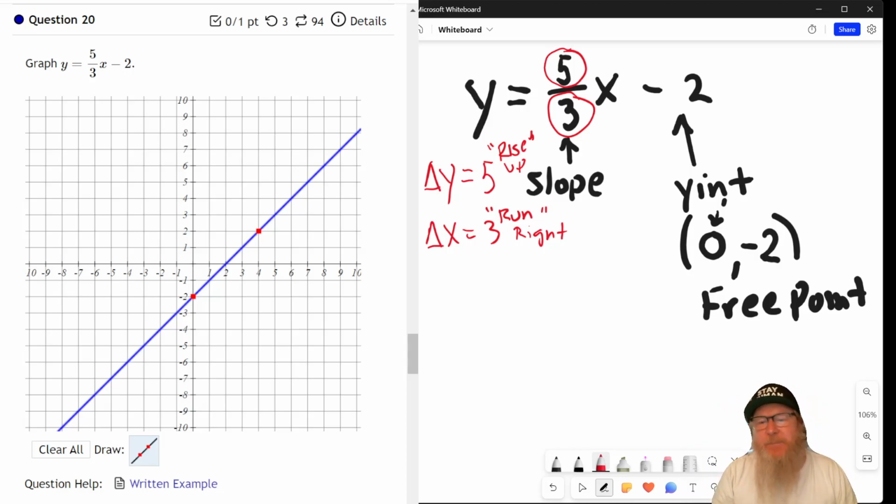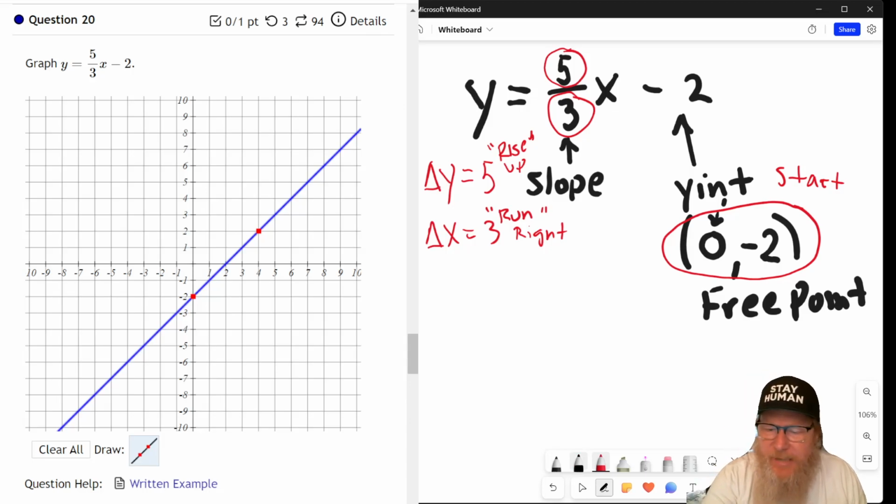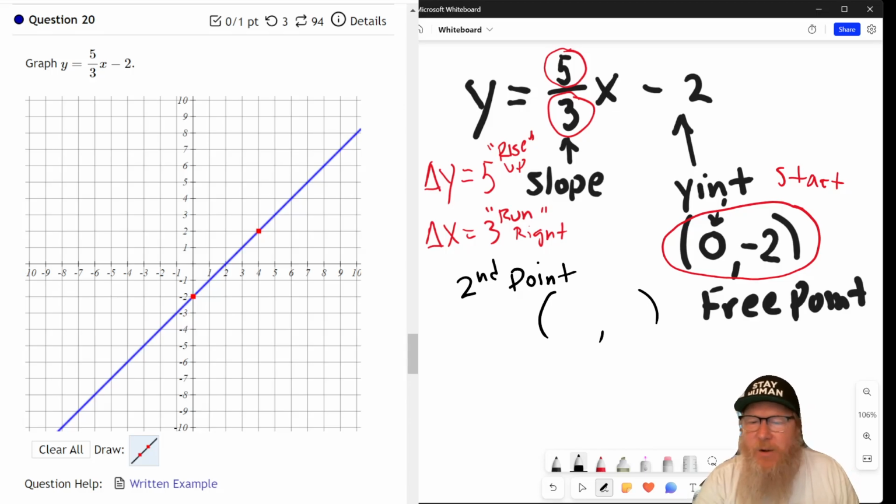In this example, since both of them are positive, we're going to start at 0, -2. So that's going to be our starting point, and we are going to go up 5 units and right 3 units, and that will give us our second point. Now, if you are very good at visual math, if you go up 5 units from -2, you end up at +3.